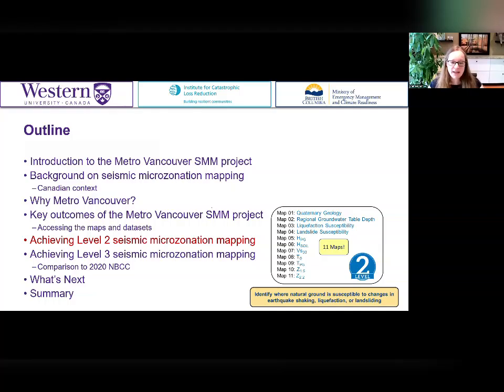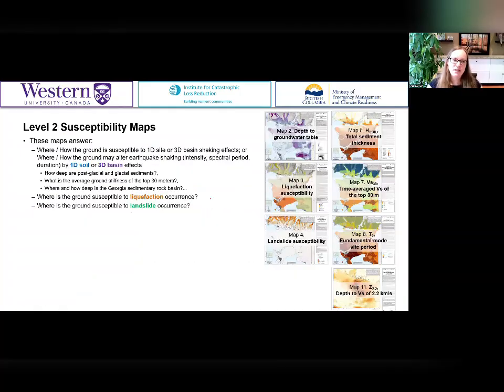I probably don't have any time left, and it's hilarious that I leave not much time for talking about the details. But now let's have a whirlwind tour of the 29 maps that we made. A reminder that these level 2 susceptibility maps are basically answering where the ground is susceptible to shaking amplification, either from the one-dimensional soil column or from the three-dimensional basin.